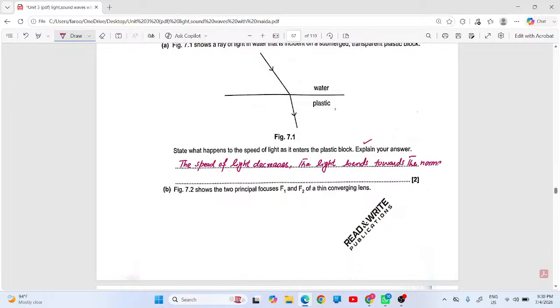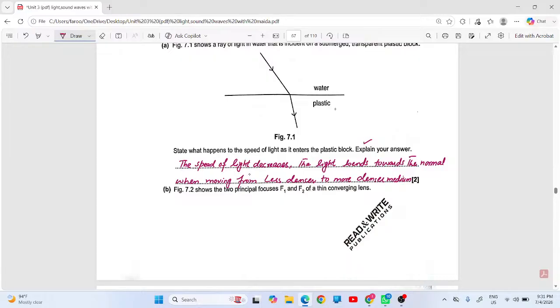The light bends towards the normal when moving from less dense to more dense medium.